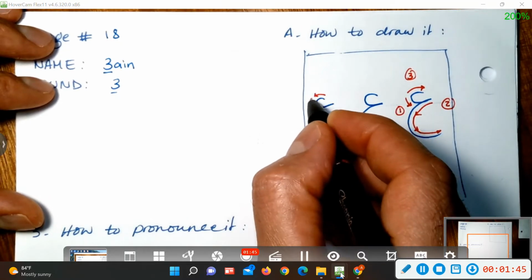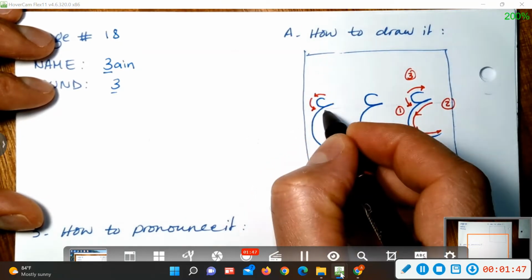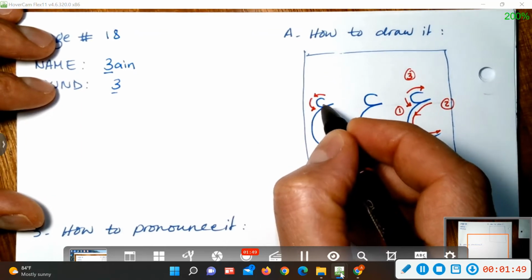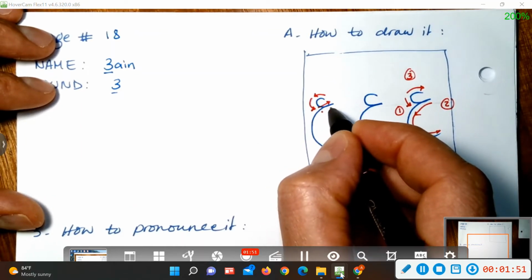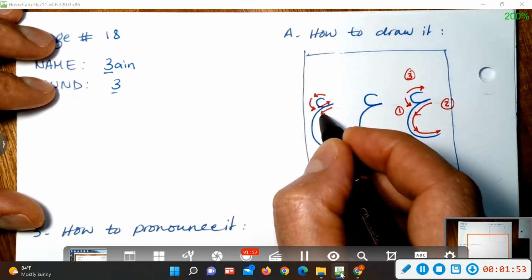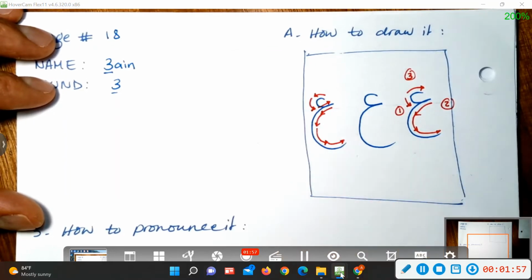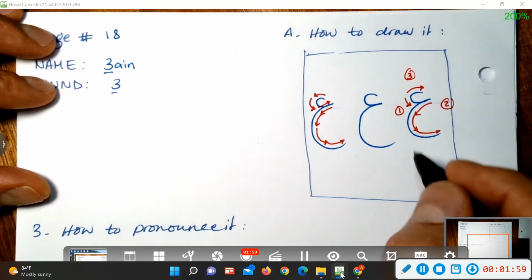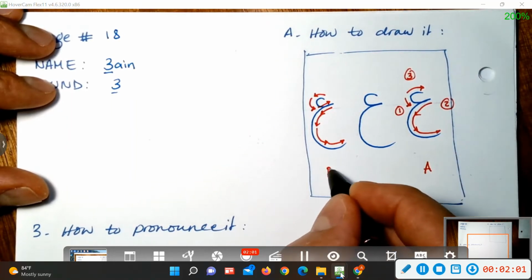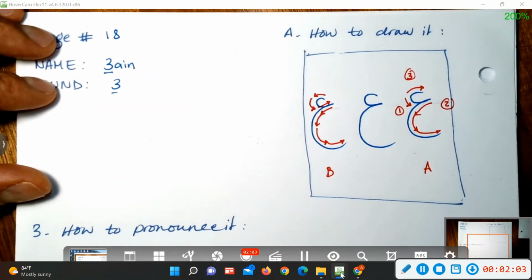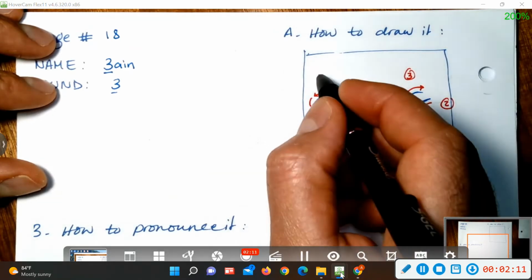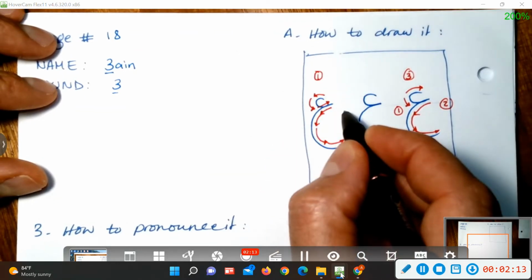Start from here all the way, and then continue this way. So A and B. So we can say this is number 1 and this is number 2.